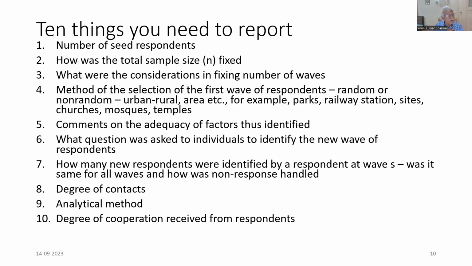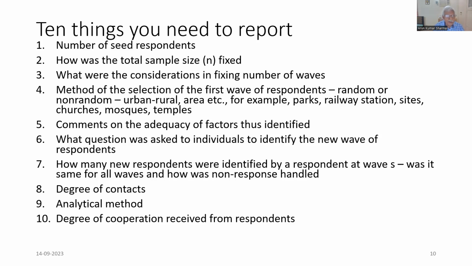I find that those who have used snowball sampling in methodology only write snowball sampling or respondent-driven sampling, but do not tell anything else. I'm telling you that to make your research design more effective or more acceptable to other researchers, the community of researchers, you need to report 10 things if you are using snowball sampling.